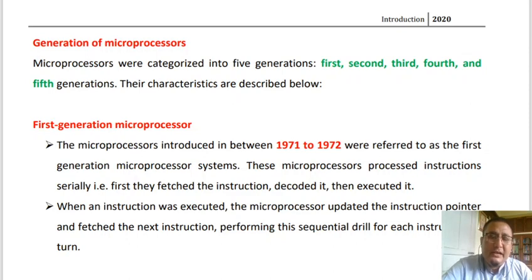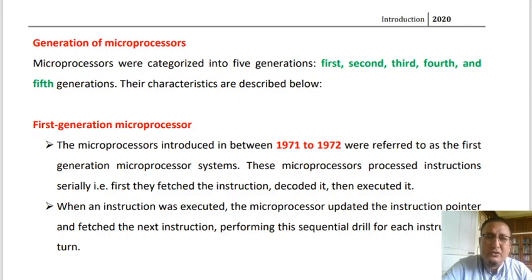This kind of execution is also referred to as instruction interleaved execution between the various instructions. In this type of execution, the microprocessor updates the instruction pointer and fetches the instruction that is to be executed next so that the instructions are sequentially exhausted. This considerably reduces the capability of the microprocessor in terms of throughput.